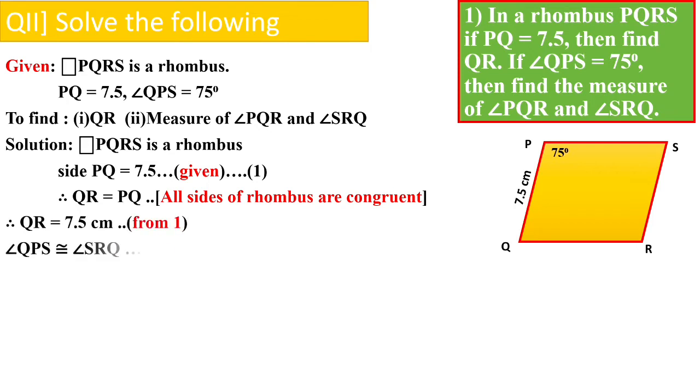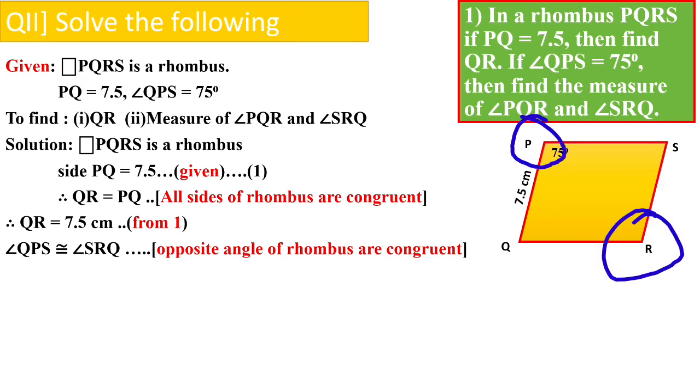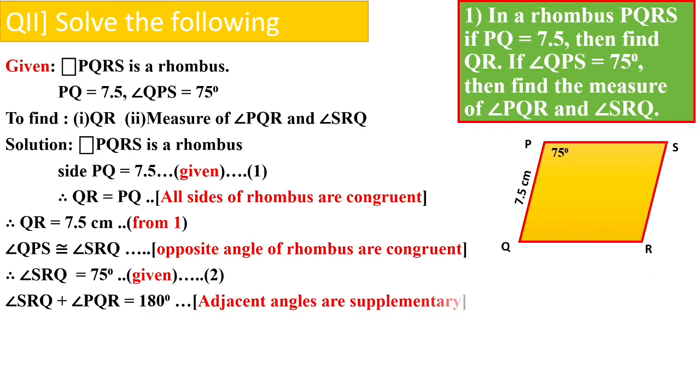Now, children, angle QPS is given 75 degree and opposite of P is given R. So, angle R is opposite of angle P. So, angle SRQ is also 75 degree, from second. This is second number. Now here we have to find the value of which one? PQR.